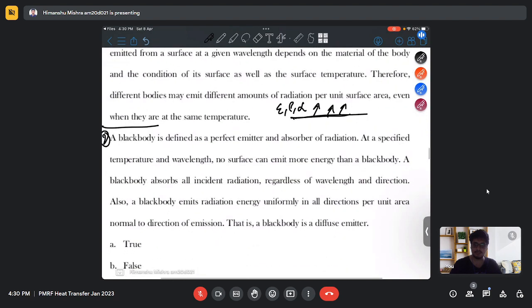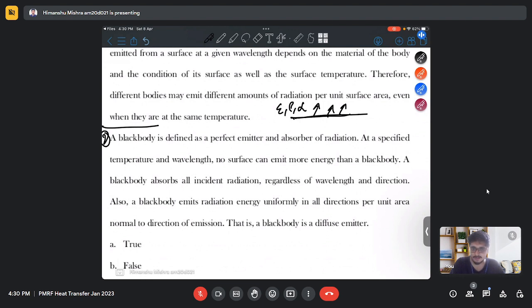Statement two is: a black body is defined as a perfect emitter and absorber of radiation at a specified temperature and wavelength. No surface can emit more energy than a black body. A black body absorbs all radiation regardless of wavelength and direction.